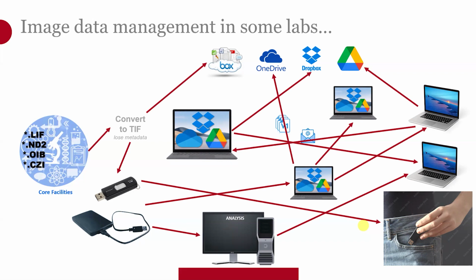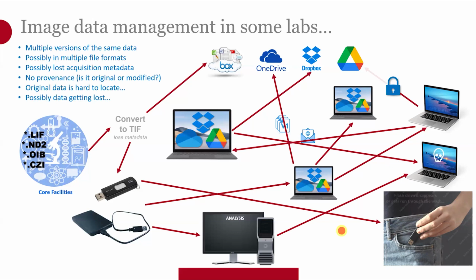It may get converted to TIFF, maybe mailed back and forth. It's got multiple versions, goes in multiple locations. And while I can't say that I know that this has happened to other labs, I can't imagine that it hasn't, because sometimes bad stuff happens.